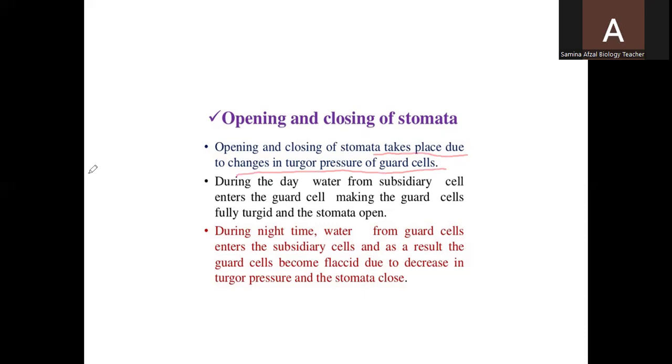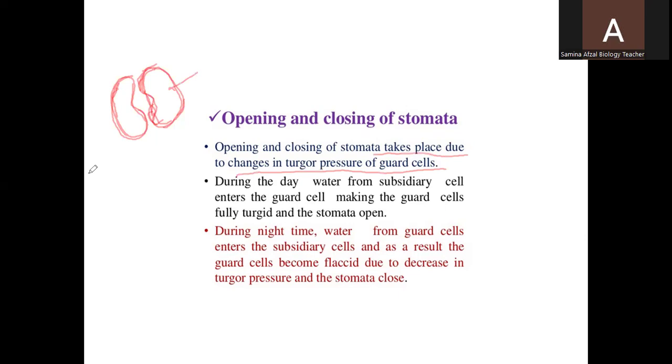You know, the turgor pressure. Turgor pressure means they are fully turgid or filled with water. They are filled with water because at the time of photosynthesis, what happened? The water is evaporated, and due to which they are fully turgid.